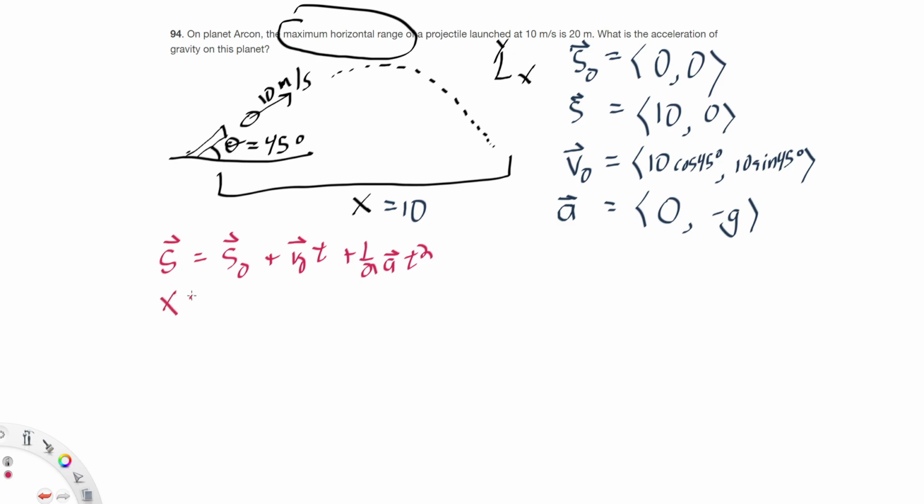So in the x direction, we have our final position is going to be 10. That's going to equal, the initial x position is 0, so we have our v naught t term. So 10 cosine 45 is 5 square root of 2 times t.